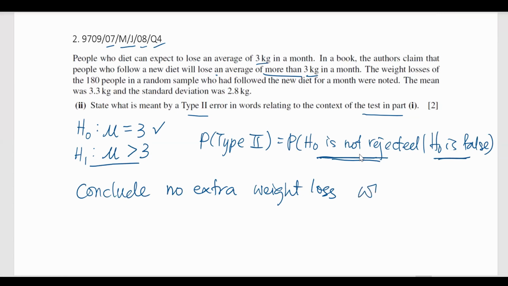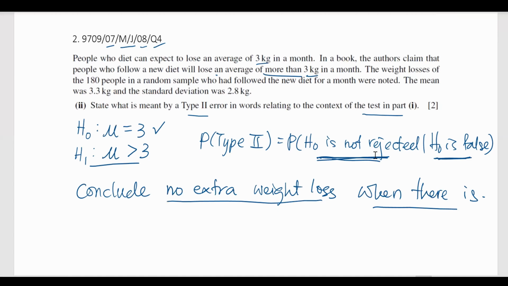So we conclude no extra weight loss because we do not reject H0, but H0 is false. So when the weight loss is more than 3 kg, we conclude that there is no extra weight loss. Okay, so that is the meaning of type 2 error in the context of this question.